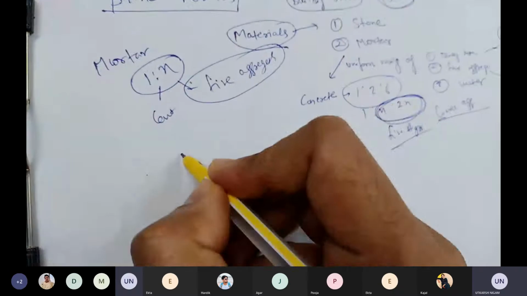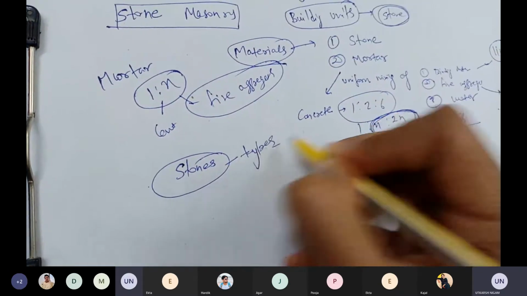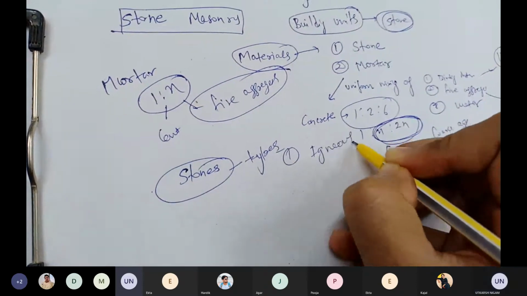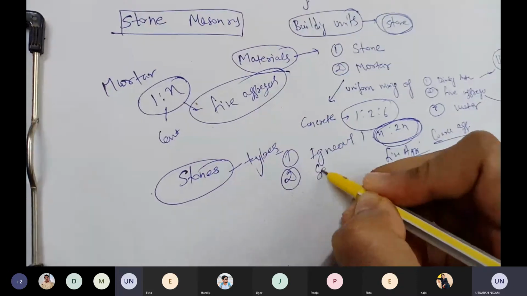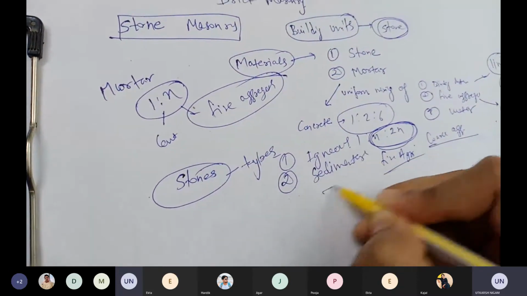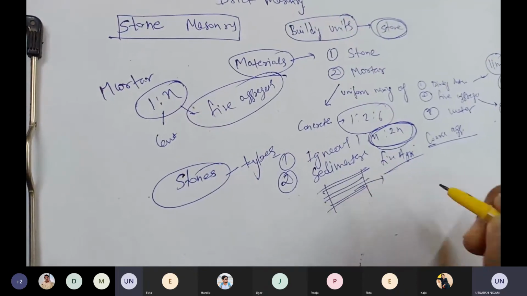Then, the types of stones we have already discussed. The three types of stones are there. First is igneous, the stones that come from volcanic eruptions. Then sedimentary, formed by deposition in a particular pattern, layer by layer, and then they come out layer by layer.